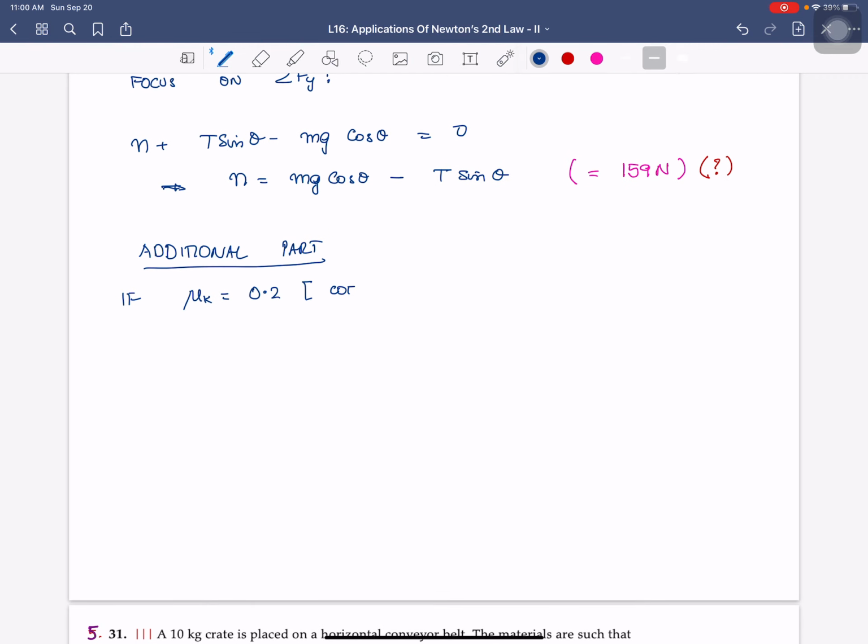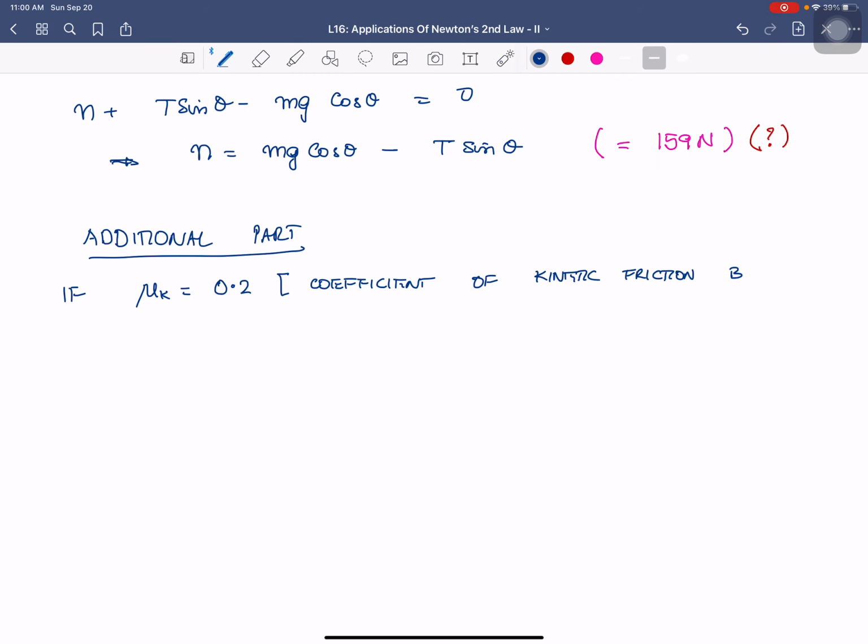So if this was given to you, then what is the acceleration of the child down the incline?